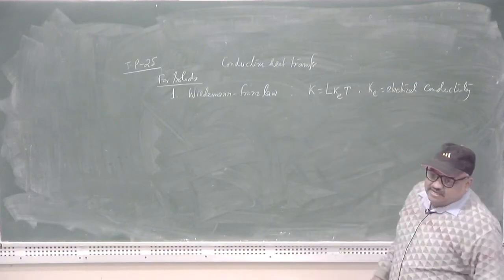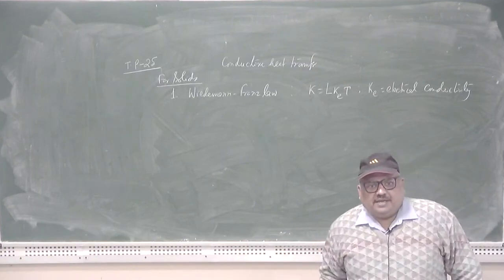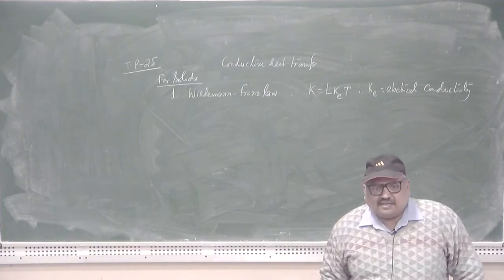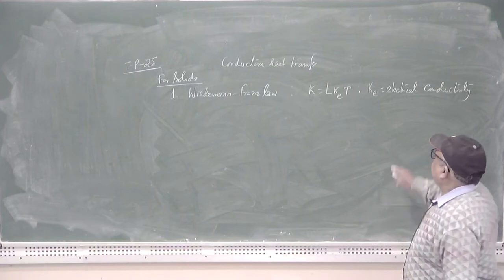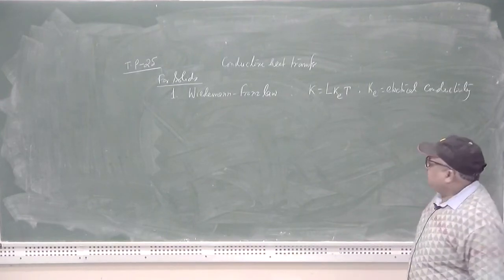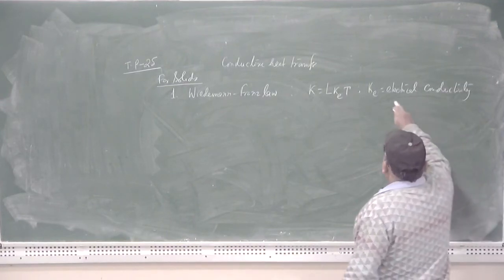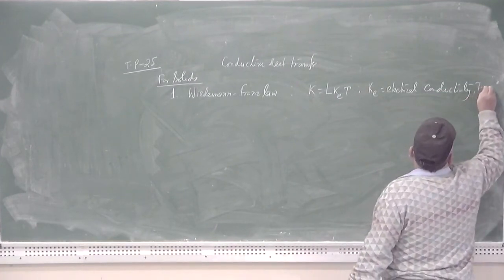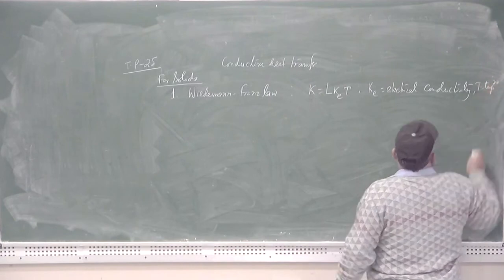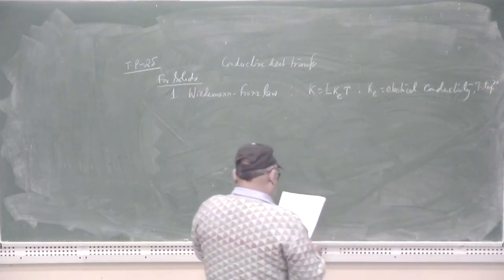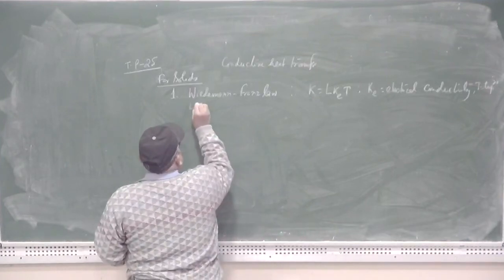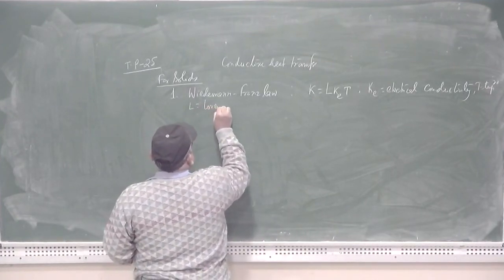But the condition is that the solid must be a conductor of electricity, because unless the material has conducting nature, you will not get data regarding the electrical conductivity. So K is equal to L into Ke into T, where Ke is the electrical conductivity, T is the temperature, definitely in the absolute scale, and L is the Lorentz number.